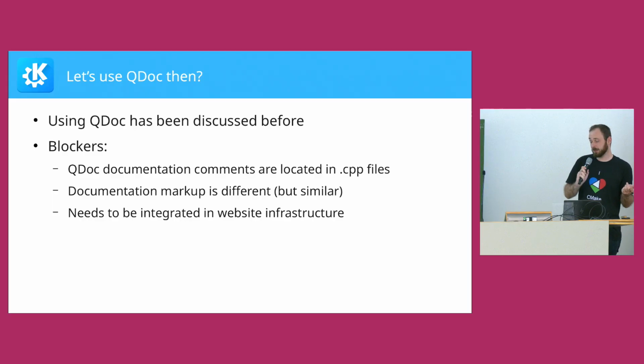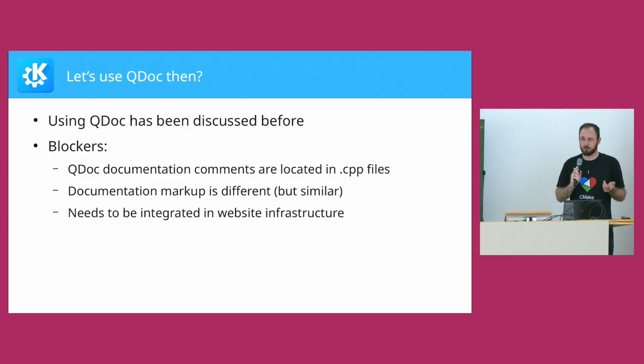That might seem inconsequential at first, but it does break things like your IDE automatically pulling documentation from the symbol you're looking at, which was a huge deal breaker for some people.